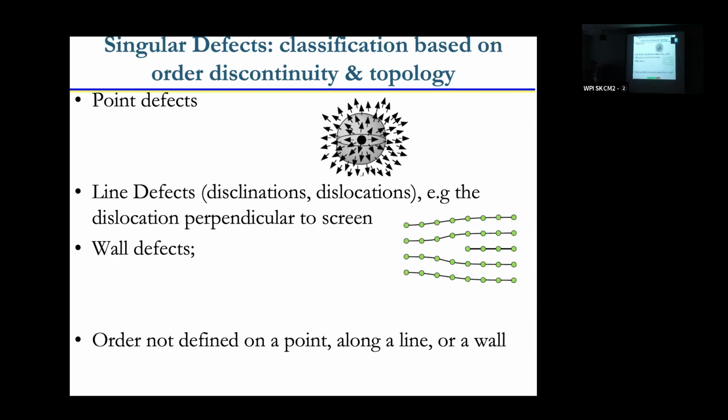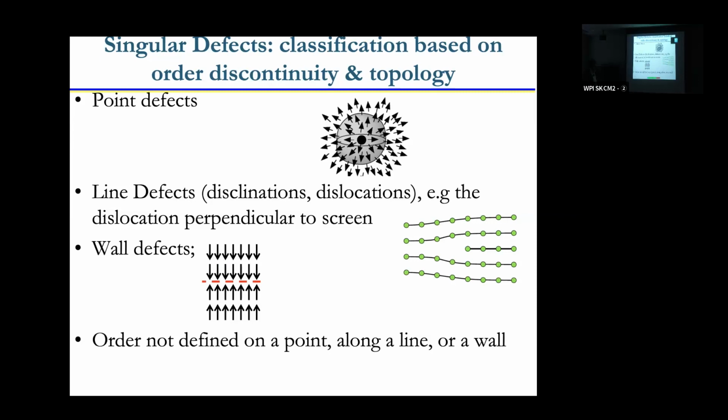When we have line defects, in orientation or molecular alignment or unit vectors, naturally, because they are translationally invariant along the line, we will be encircling them by S1 surfaces or circles.